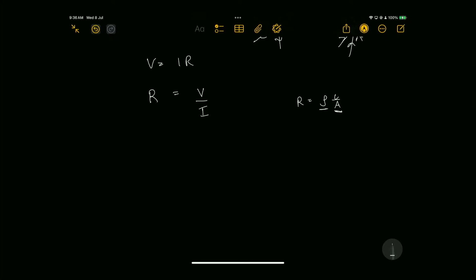A conductor that has a bigger cross-sectional area, so basically a bigger diameter, a thicker conductor, would have a smaller resistance, right? Then we also saw in the first semester that resistance depends on temperature as well. So temperature is a thermometric property of some thermometers, right?